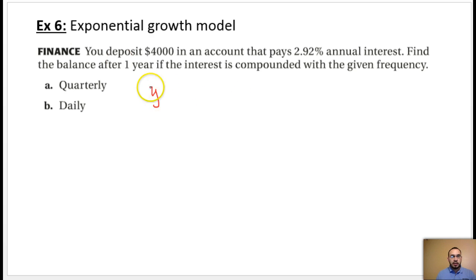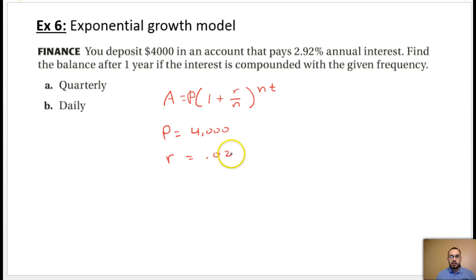We have that A is equal to our initial principal, P, times 1 plus the rate over the number of times compounded, to the number of times compounded times time. So we're going to plug in these values. P is our principal, that's 4,000. We have that our rate is equal to 0.0292.